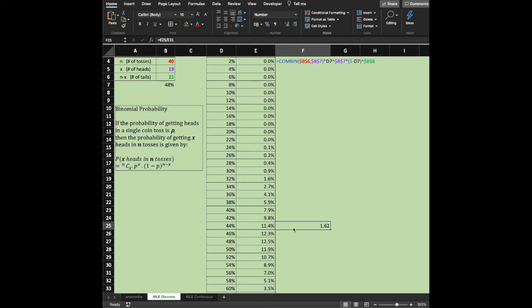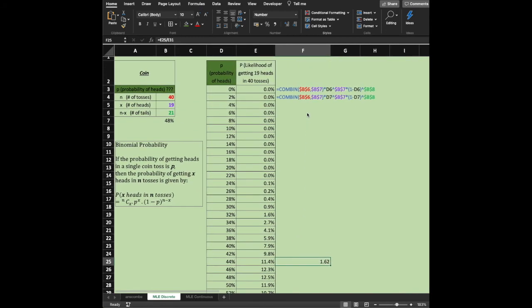Finally, I just want to make a remark about the advantages of doing all this in Excel: once you have plugged in all your formulas appropriately, for example, the formulas in these cells and the formulas over here, then you can just play around. So let's say, for example, in 40 tosses, instead of 19 heads, what you get is 15 heads. And now you want to see what is the parameter estimate as per the maximum likelihood estimation technique.